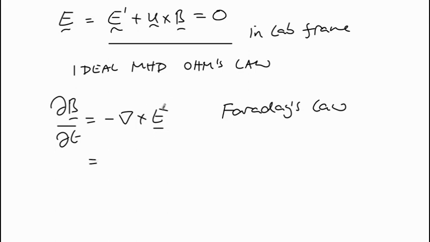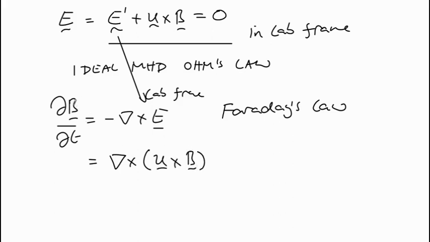So this is in the lab frame. So we're going to take this E from here and substitute it into there. And so we have, this is just minus curl of U cross B. So the rate of change of magnetic field in the lab frame is equal to this curl of U cross B. And that's the first sort of useful expression that gives us how the magnetic field changes with magnetic field and velocity.